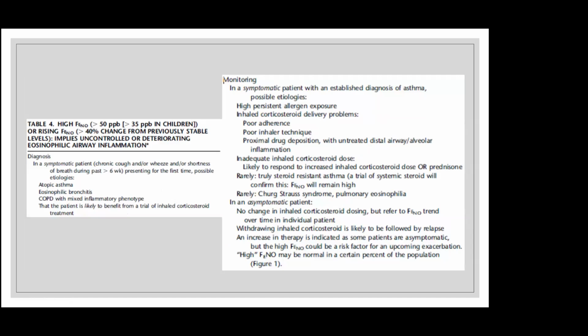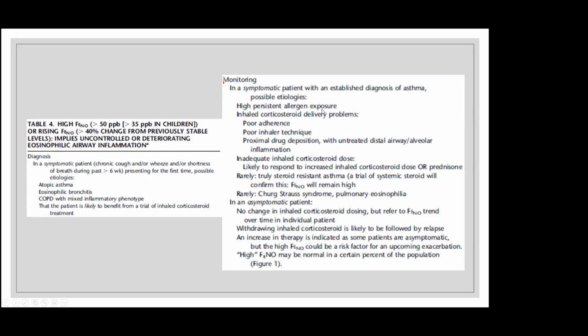On the opposite end, in patients who have high FeNO, meaning greater than 50 parts per billion, if you have a symptomatic patient presenting for the first time, the possible etiologies could include the typical atopic asthma, but you can't also rule out things like eosinophilic bronchitis, COPD with a mixed inflammatory phenotype, and it can also be used to monitor patients who are symptomatic and have an established diagnosis of asthma.